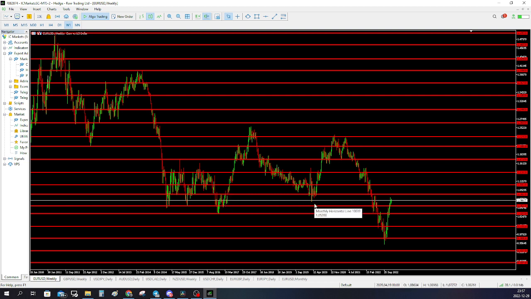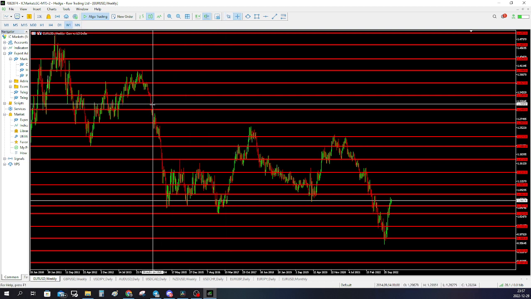So one could make some kind of pattern that the market moves the same kind of ranges between these lines. The ranges are not exactly the same, but similar.